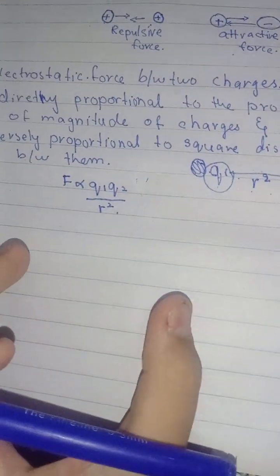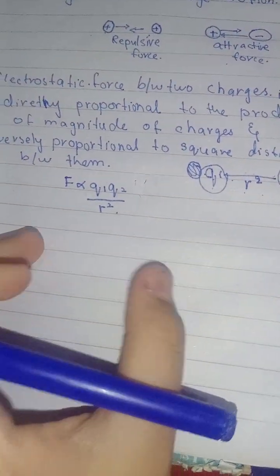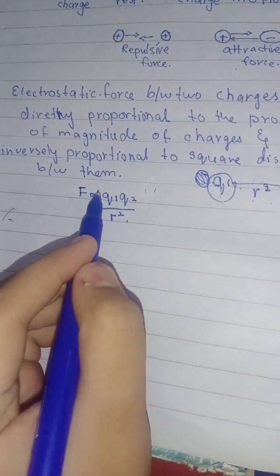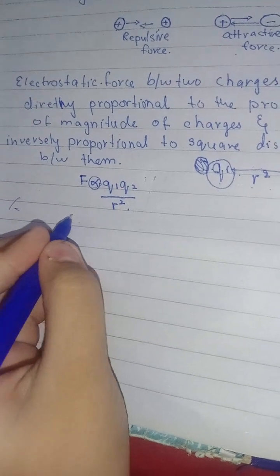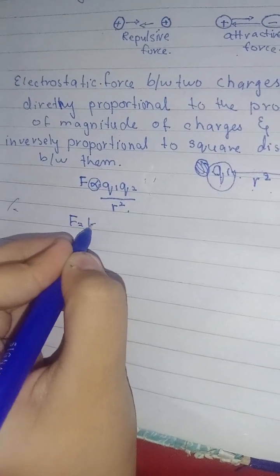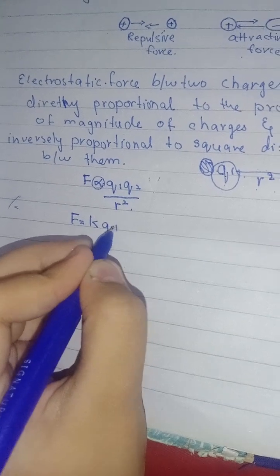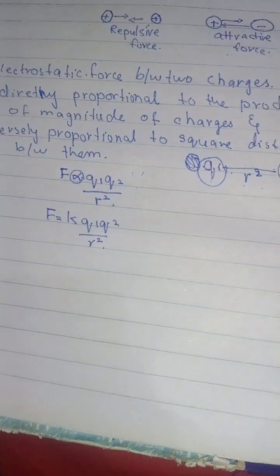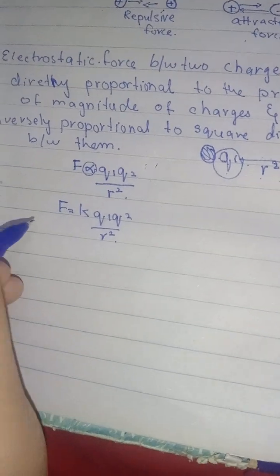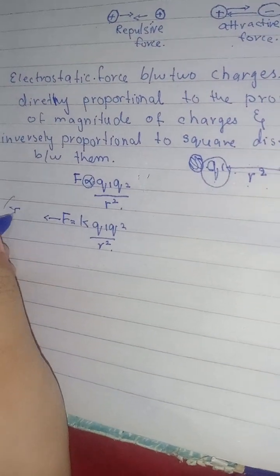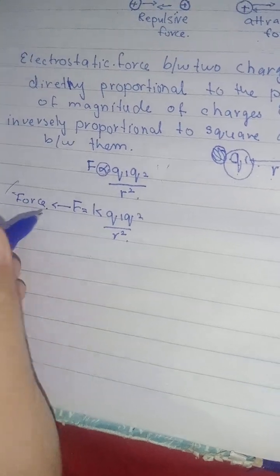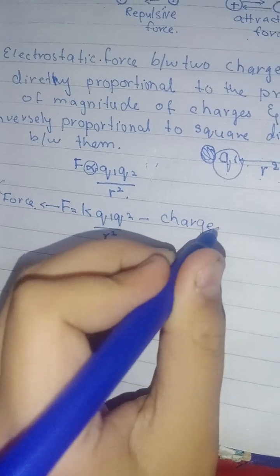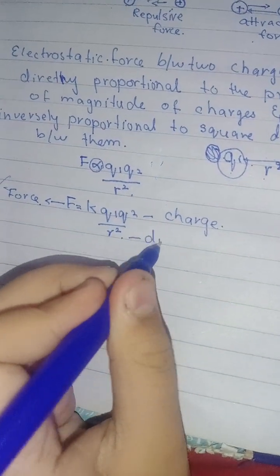So here our Coulomb's law equation, or formula, is as follows. To remove the proportionality sign, we put a constant: F is equal to K Q1 Q2 upon R square. Here F is the force, Q1 and Q2 are the charges, and R is the distance between them.